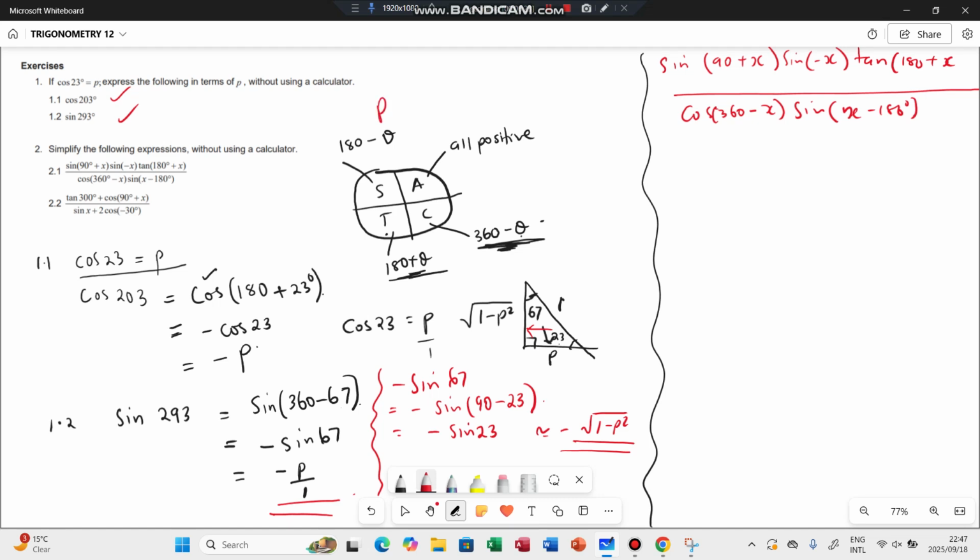This all comes from what we call reduction. From the reduction is where everything comes from.